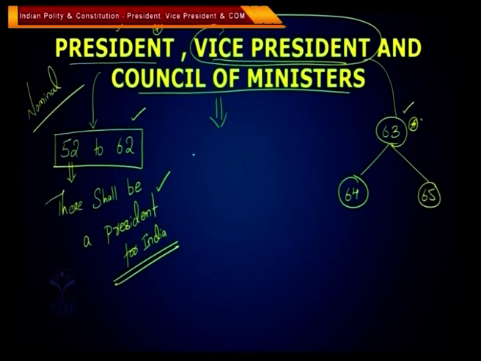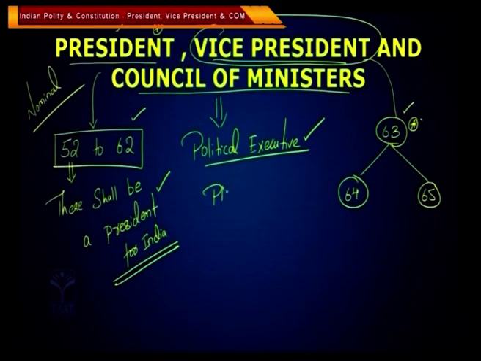Now, the President of India along with the Council of Ministers are part of the political executive of the country. The Council of Ministers are the political executive who are part of the legislature. Who are these Council of Ministers?